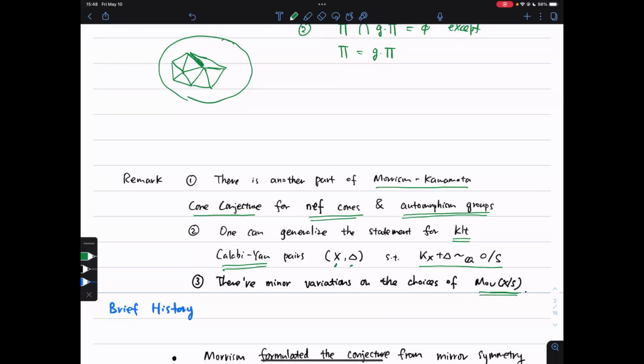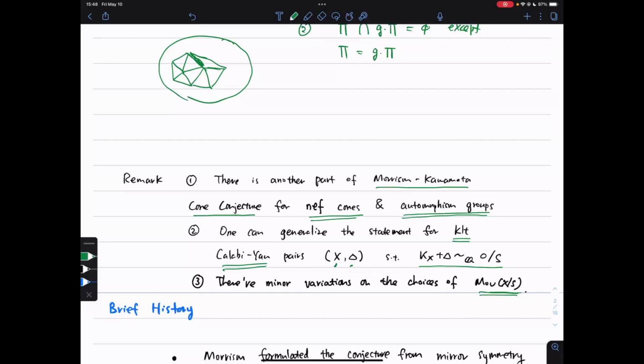So sometimes you work with the movable cone, sometimes you want to add something more, but they have the same closure, and at the boundary you have some other choices. But I don't want to go into the details. Basically, my feeling is that the choice of the cone is whatever you can prove, you use the cones you want.